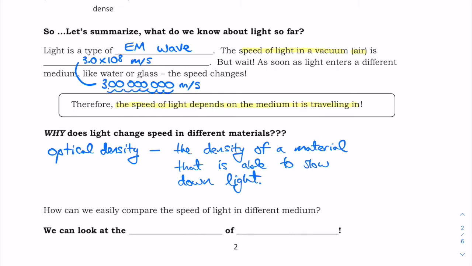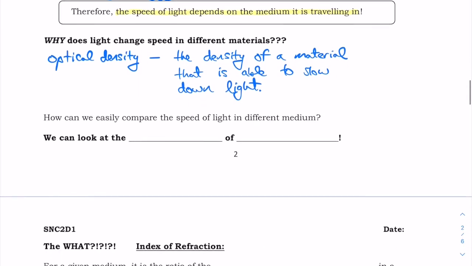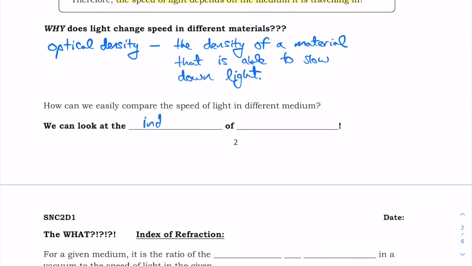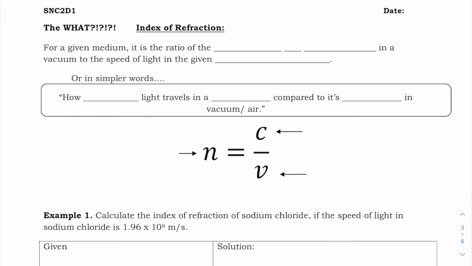And something to help us quantify this is a measure called the index of refraction. For any medium, for example, air, water, or a vacuum, the index of refraction is defined to be the ratio of the speed of light in a vacuum compared to the speed of light in that medium.